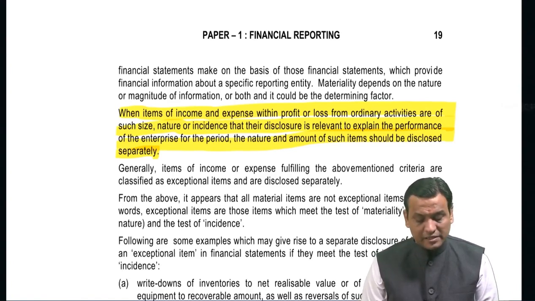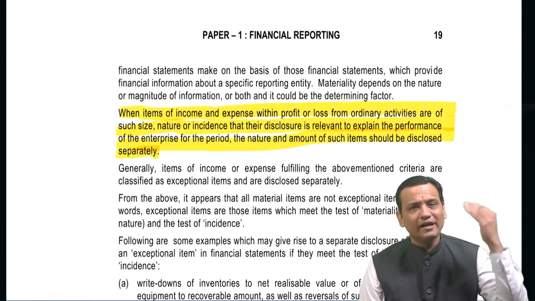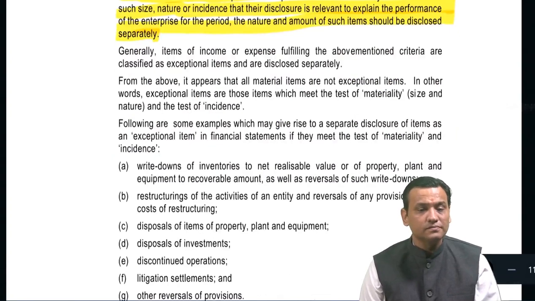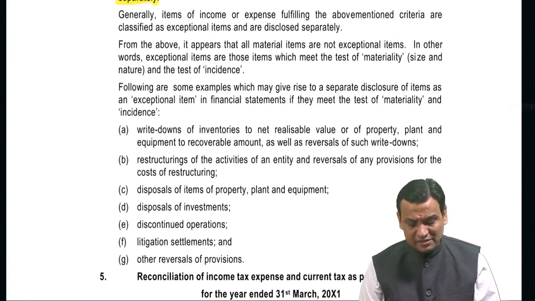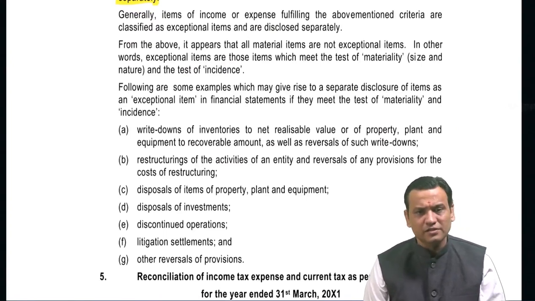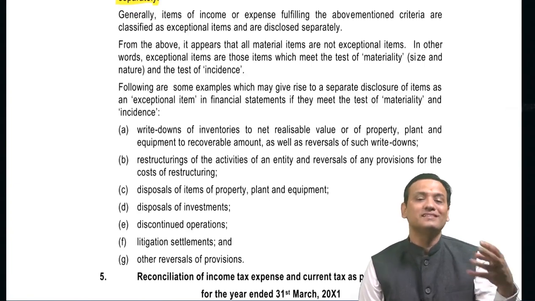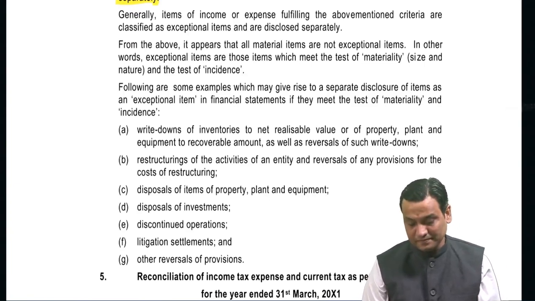In other words, exceptional items are those items which meet the test of materiality, size and nature, and the test of incidence. Like writing down your inventories, reversal of those write-downs, disposal of PPE, litigation settlement, discontinuing operations and all those things. So these are the things which we disclose separately to enhance the user experience.